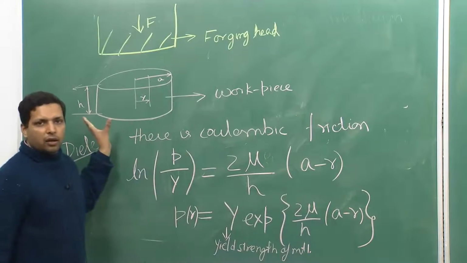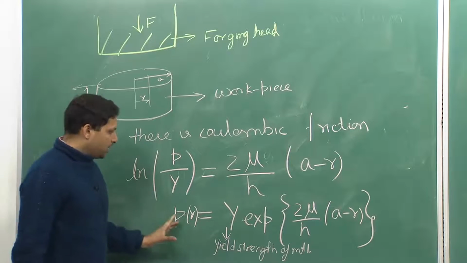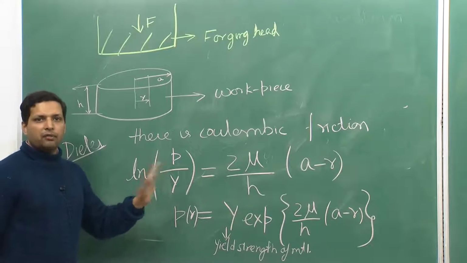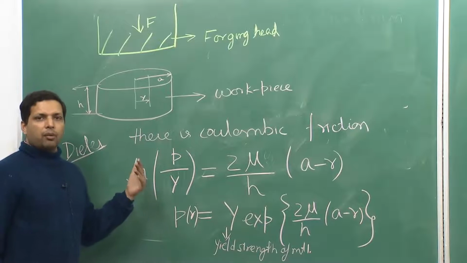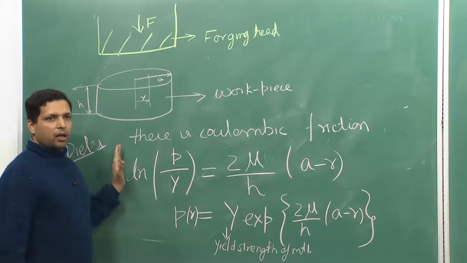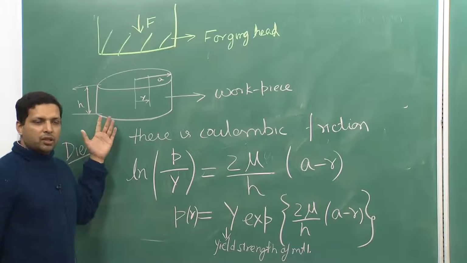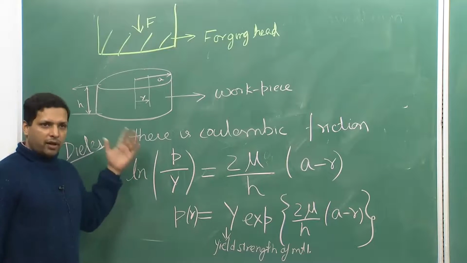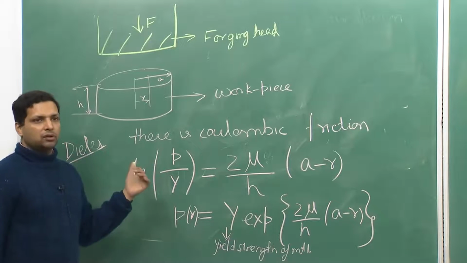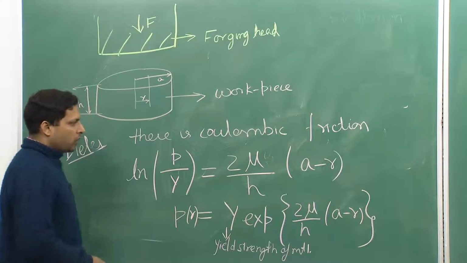Probably if you had a square geometry, you would see a different relation, but the idea is that pressure is different at different points. That is a very important implication of this friction, that pressure is not constant, which means deformation will not be uniform, which means that your final product may have continuous variation in the properties. So, that is one thing.